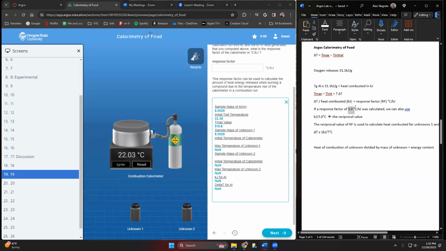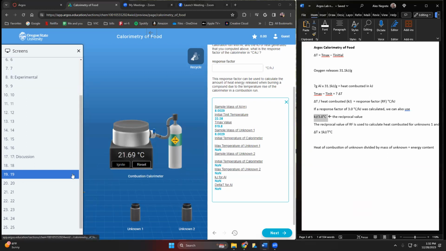So this is not your response factor. This is just something I put in here. Let's say when I calculated this, the response factor is 3.0 degrees Celsius per kilojoule. Don't forget that we can also use this as the reciprocal value and put it in as kilojoules per 3 degrees Celsius.